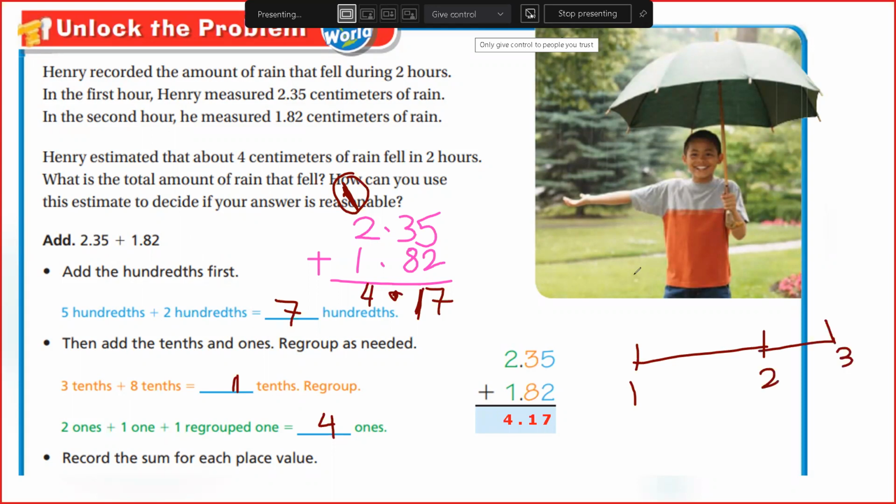Okay, 1, 2, and 3 are whole numbers. Between them, we have 1.1, 1.2, 1.3. So between 1 and 2, we have small little numbers. These little numbers, we call them decimals. So 4.17, it means after number 4, point something small, we have here 4.17. 2.35, it means it's here.